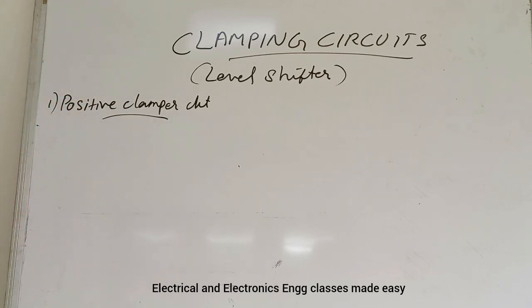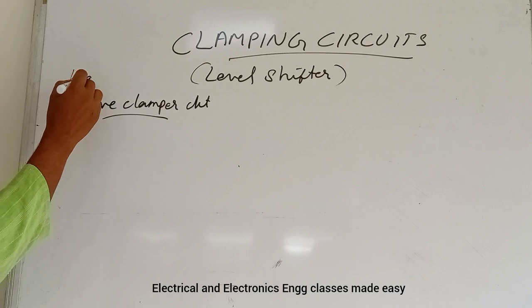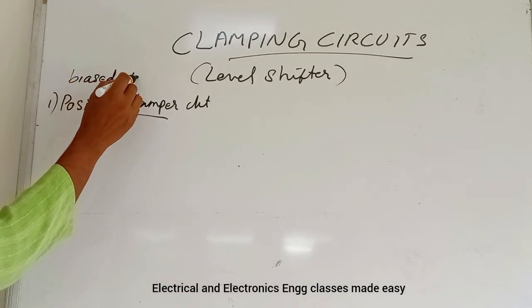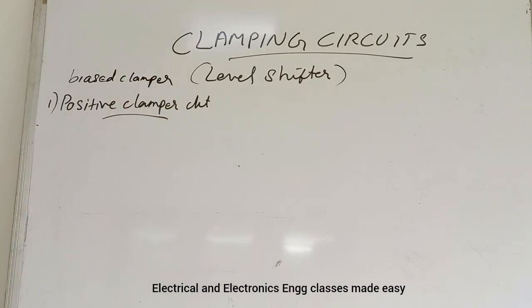Such a clamping circuit is called a biased clamper. There are different types of clamper circuits: positive clamper circuits and negative clamper circuits, and also at different voltage levels. First of all, let us study the positive clamper circuit.